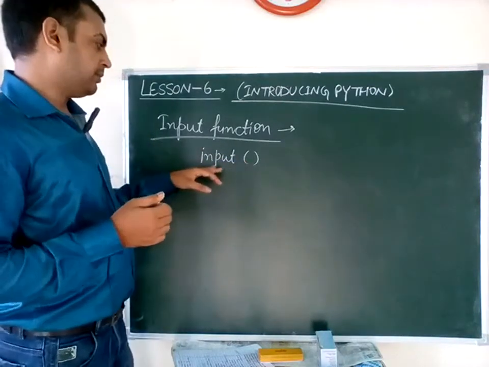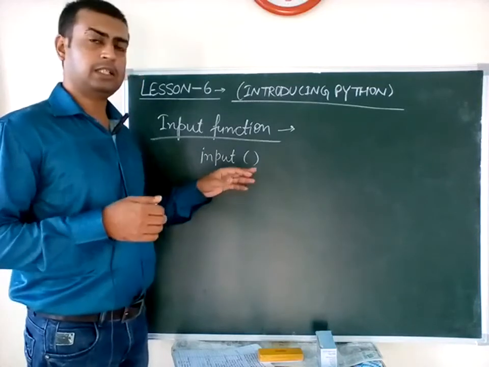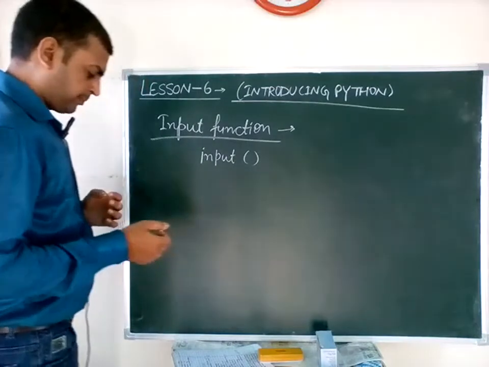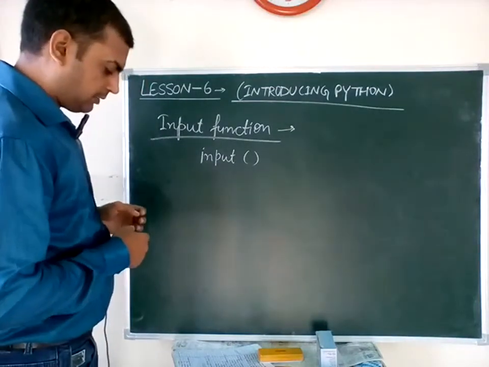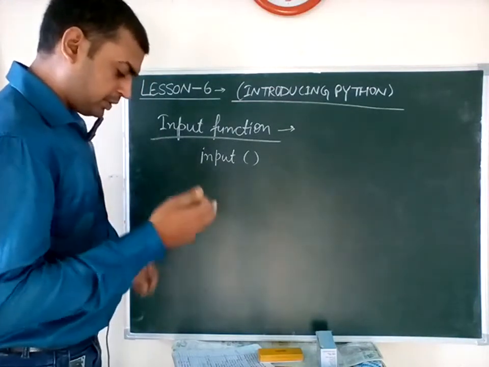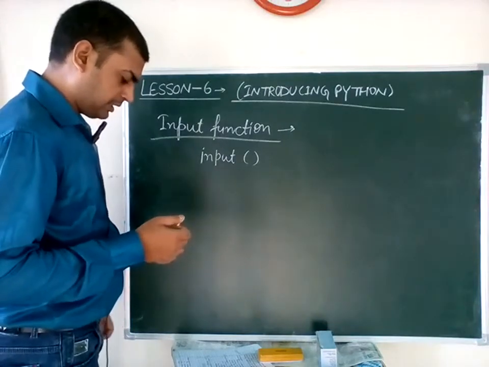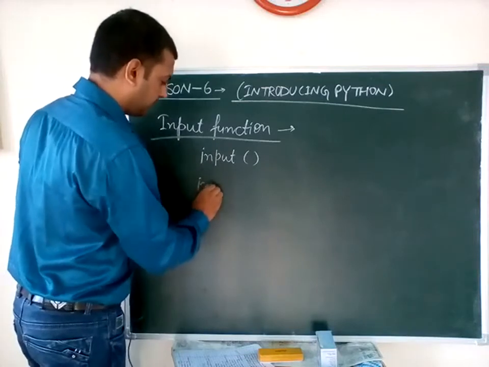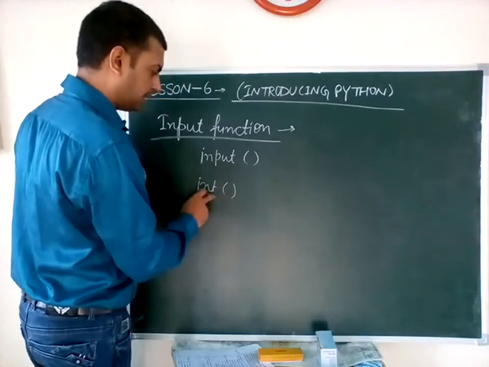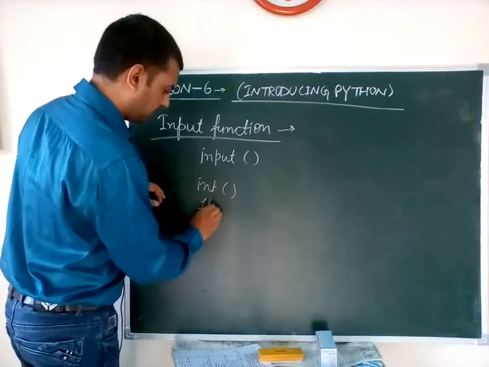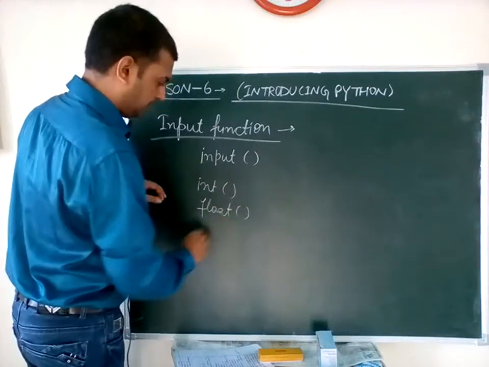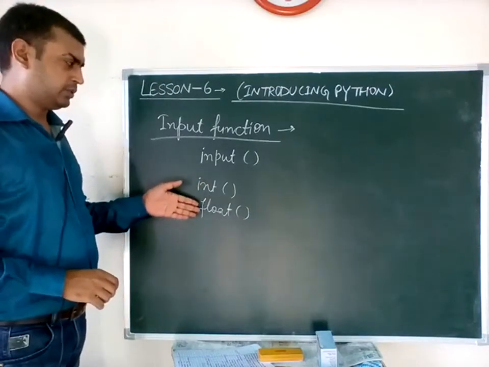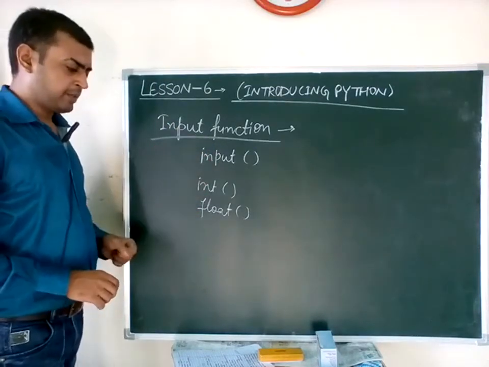So the input function is used to accept the value for the variable from the user. To input an integer, its format is int, this will accept integer, and float will accept float. So like this we will use the formats to accept the values.